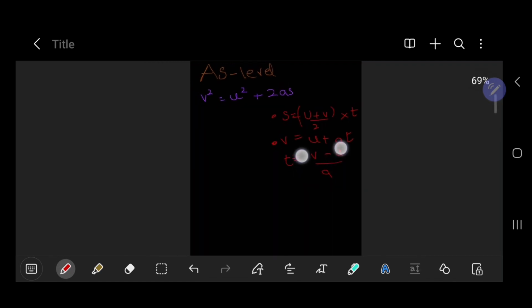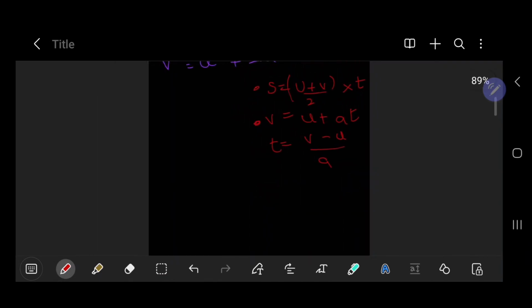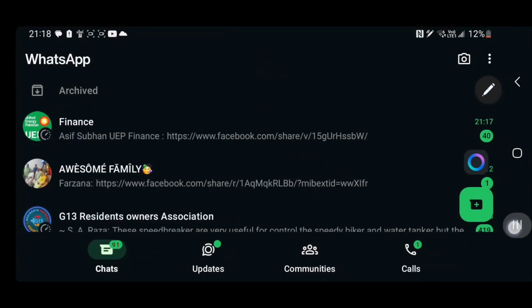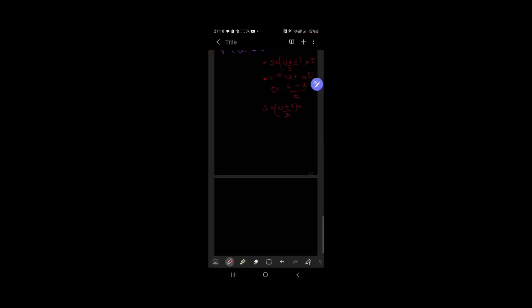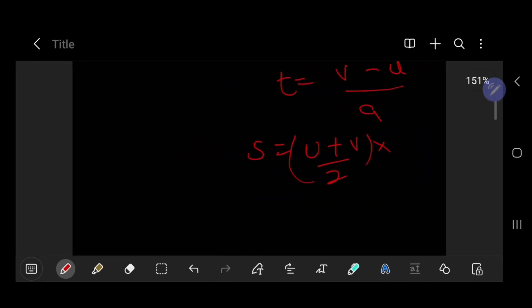Now substitute this in the displacement formula, (u + v)/2 × t, and we'll get s = (u + v)/2 × (v − u)/a.